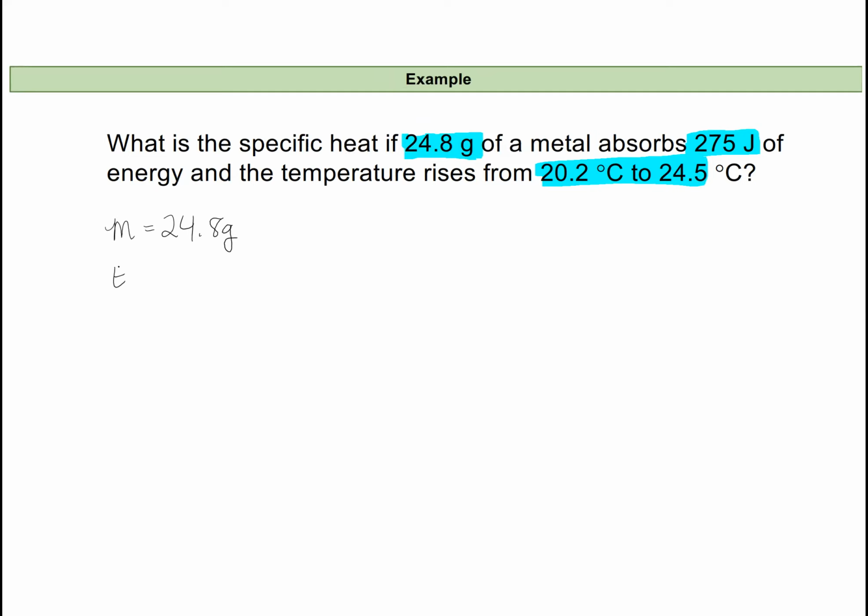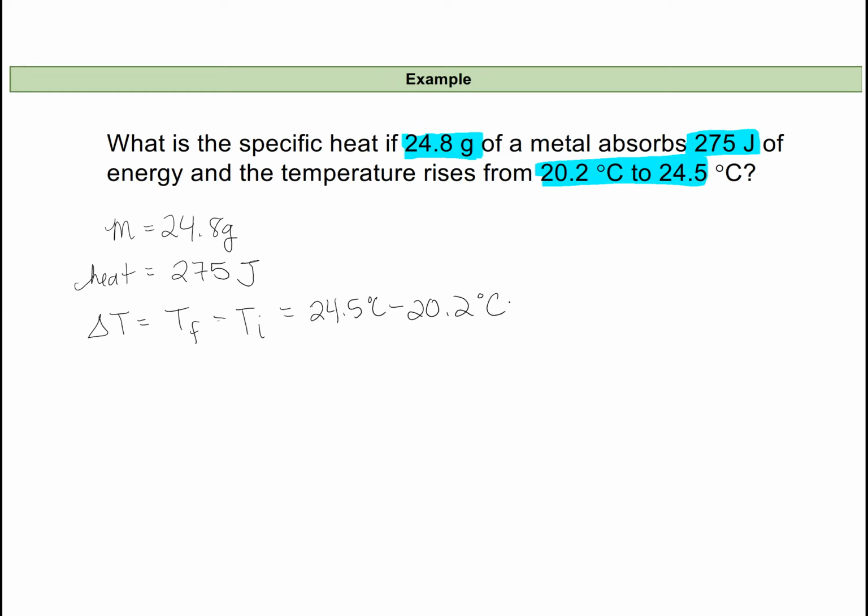The energy, or the heat, let's put it like that. Heat and energy have the same units, because they're a measure of the same thing, 275 joules. And we have our change in temperature is always going to be equal to the final temperature minus the initial temperature. So that's 24.5 degrees Celsius minus 20.2 degrees Celsius.